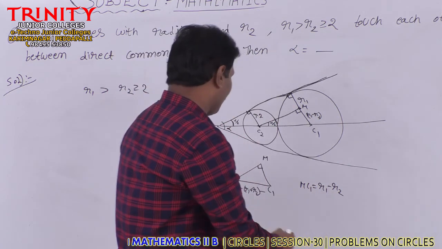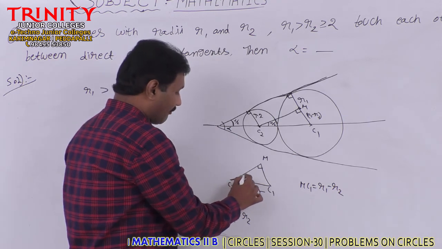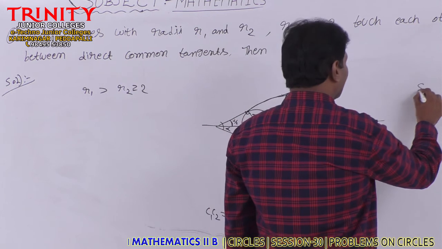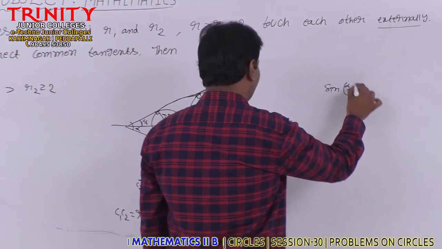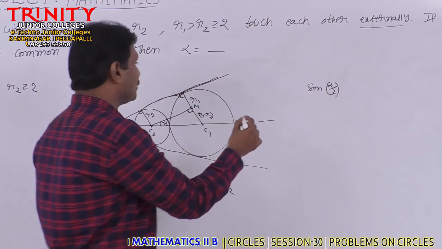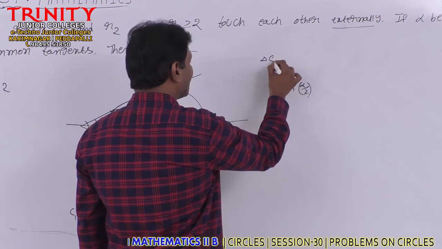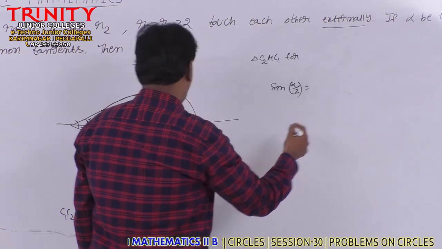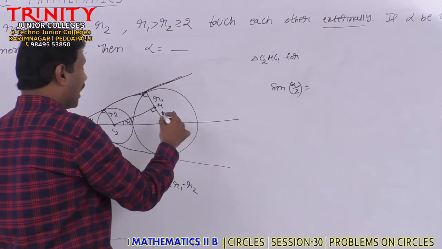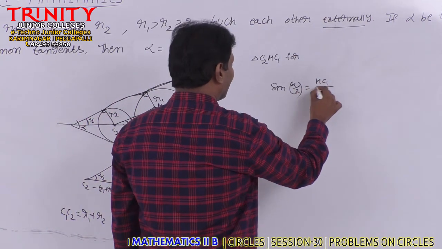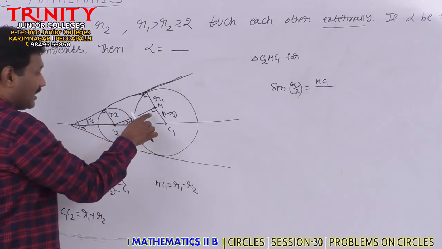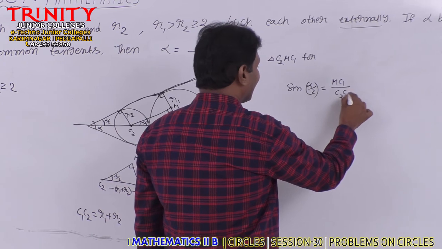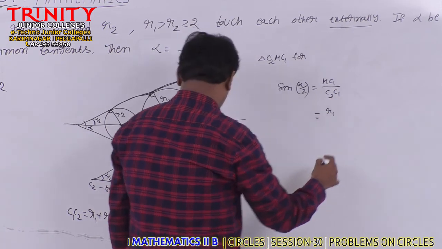We take this angle as alpha by 2. Therefore, in triangle C2MC1, sin alpha by 2 equals the opposite side MC1 by the hypotenuse. Opposite to the right angle is the hypotenuse, C2C1, which equals R1 plus R2.